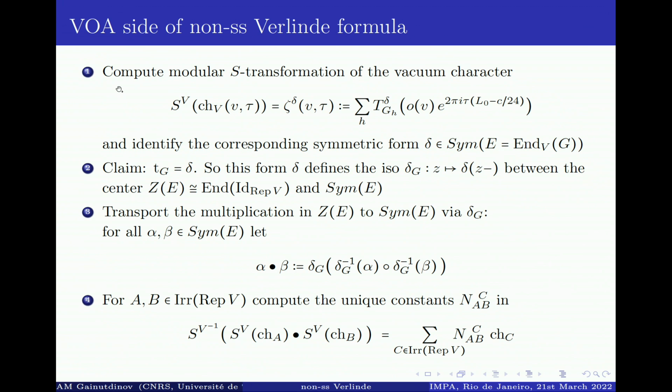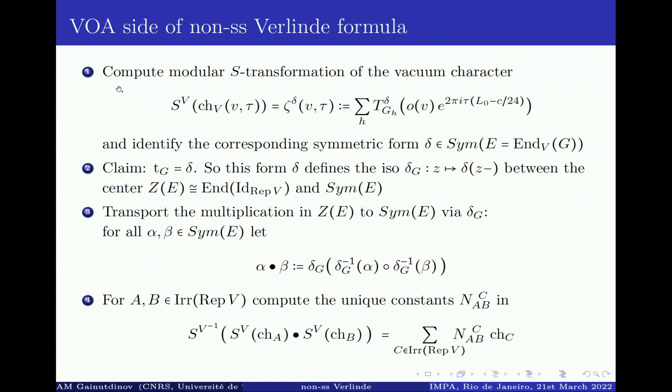So the Hattori-Stallings trace for a certain delta of this operator. It can be written, so we identify the corresponding symmetric form. And the claim is that this symmetric form is exactly the symmetric form coming from the modified trace. So it's just the S transformation of the vacuum character. From this calculation, we get a non-degenerate symmetric form.